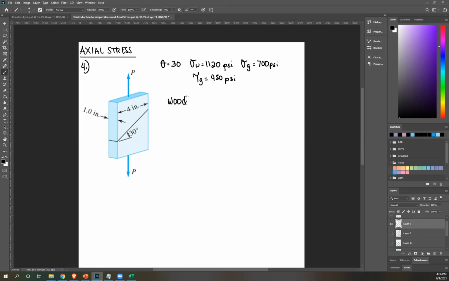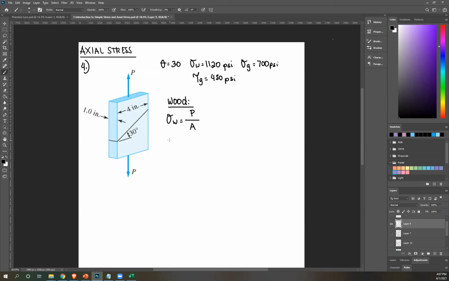Normal stress for the wood. Sigma W for wood equals P, since P is the same whether for wood or glue, over the cross-sectional area for wood.